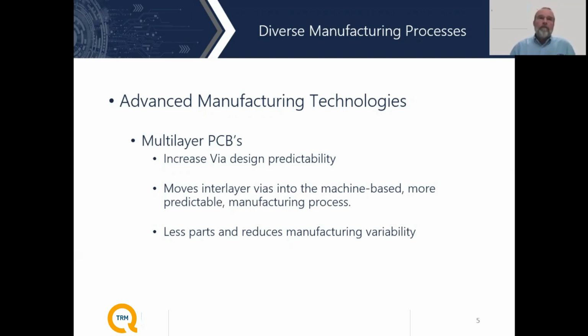So the interaction between the layers becomes very controlled. In addition to that, it reduces the part count and it also reduces manufacturing variability by going to machine-based manufacturing. So there's a lot of advantages to going to a multi-layer PCB for these multifunction modules in that process and removing variability, which is very good for all of our customers.